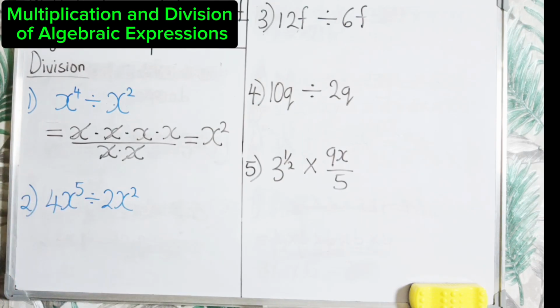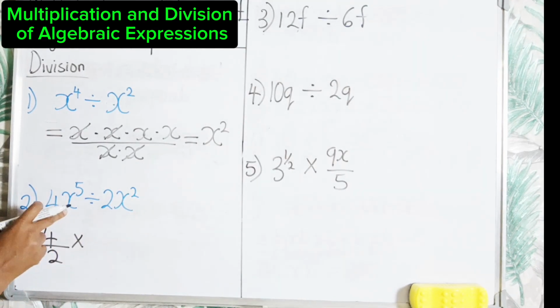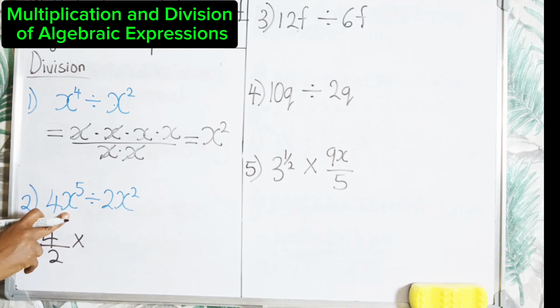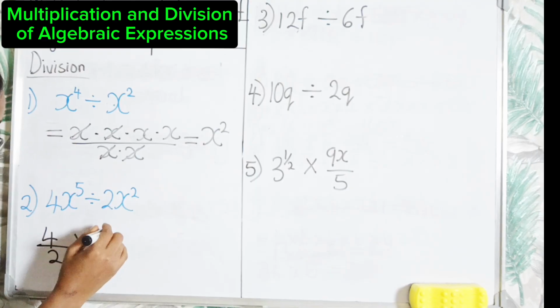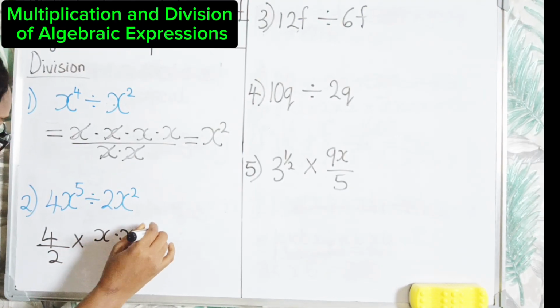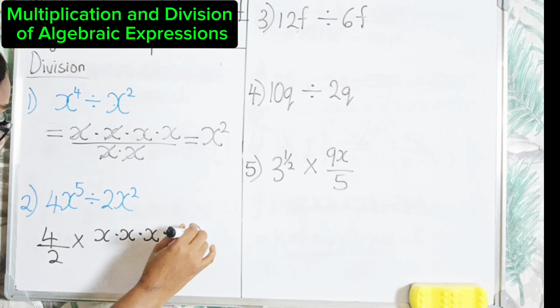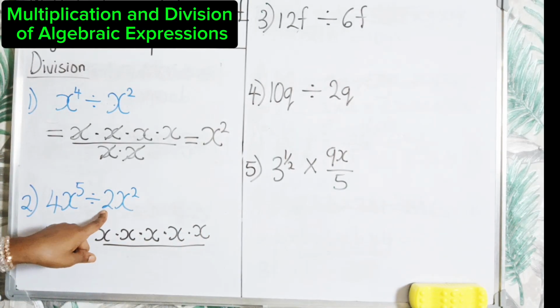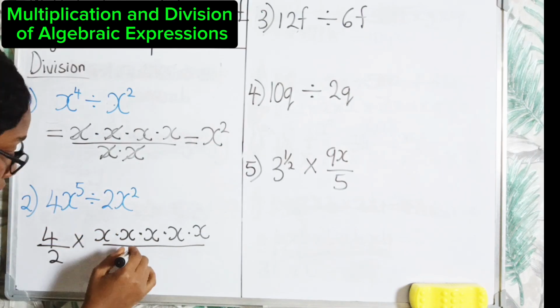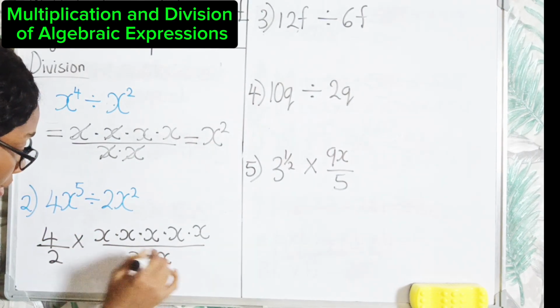All right. So here, let's divide coefficient by coefficient. So here we have 4 divided by 2, times, let's divide the variables now. For x raised to power 5, we have x times x times x times x times x, divided by x raised to power 2, which is x times x.